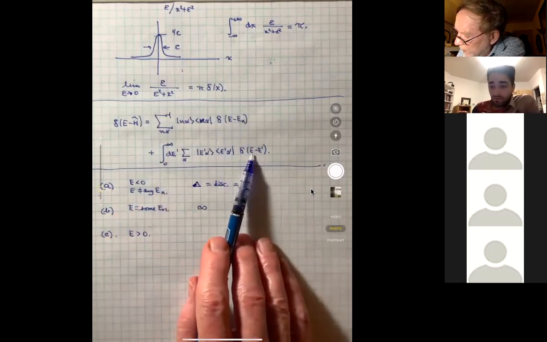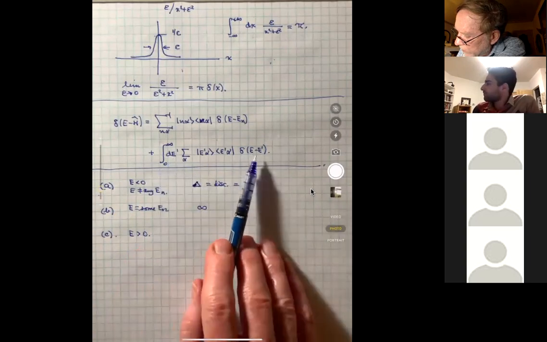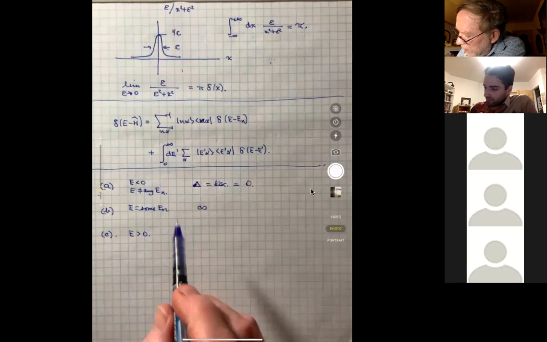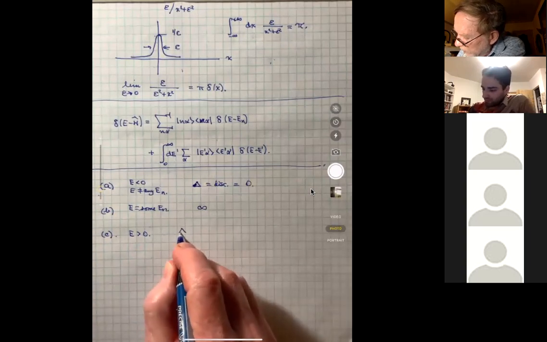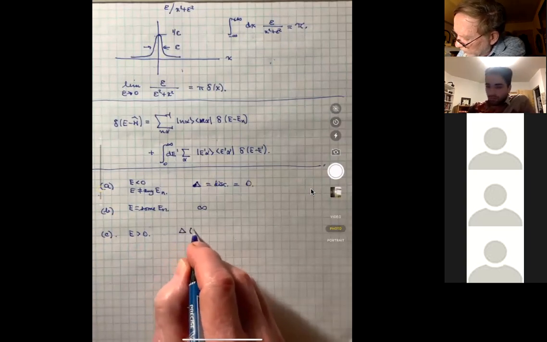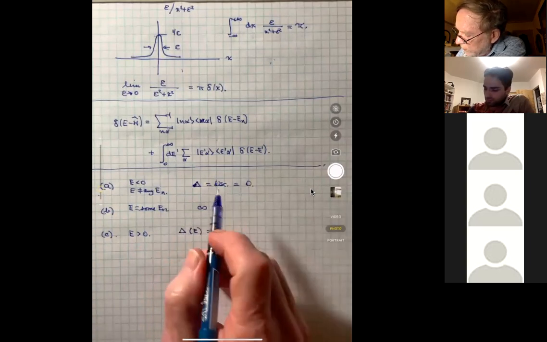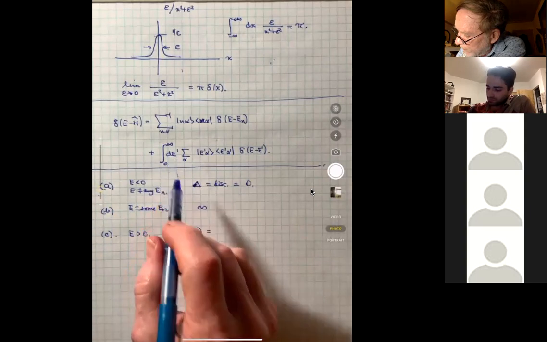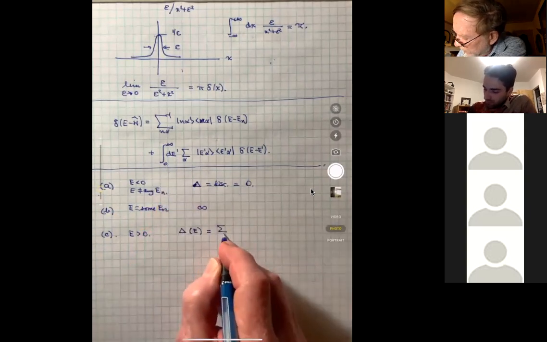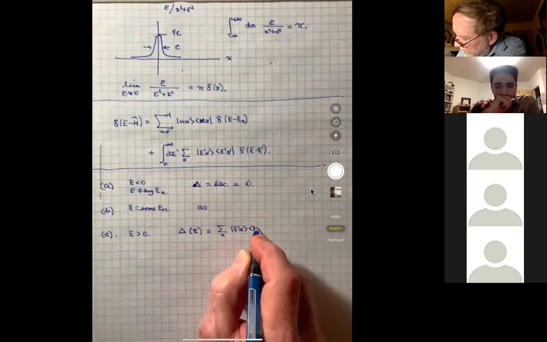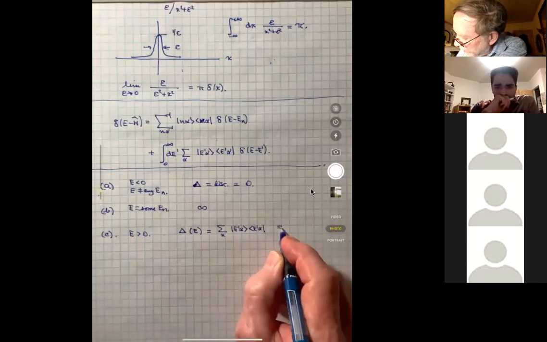But if E is positive, then the variable of integration runs over the value of E, and so it picks up this delta function. And so the answer then for the discontinuity, as a function of E, the discontinuity operator is equal to, you can do the E prime integral, the sum on alpha of the outer product |E prime alpha><E prime alpha| with itself. And in particular, it's not equal to 0.